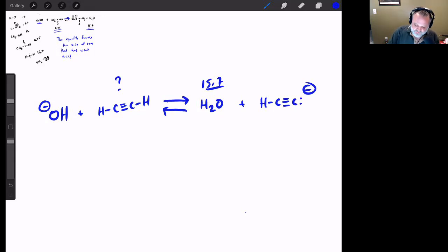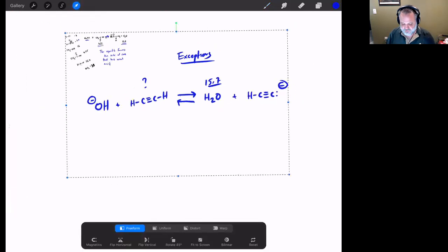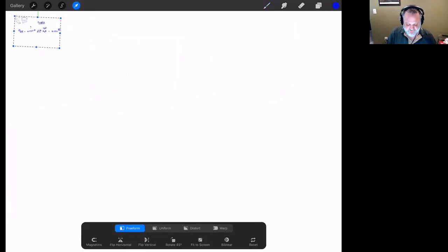Now, it turns out that this is actually going to be one of the exceptions to the order of importance, but we'll get into this one in just a second. But before we do, let's take a look at how we would consider it. So let's just shrink this down and move it over to the side.